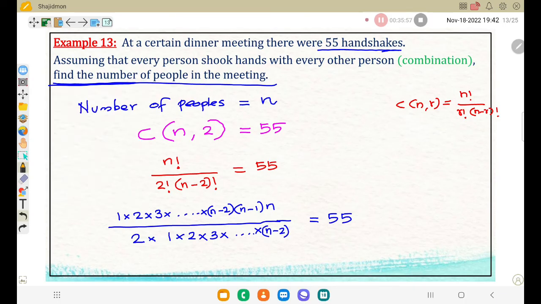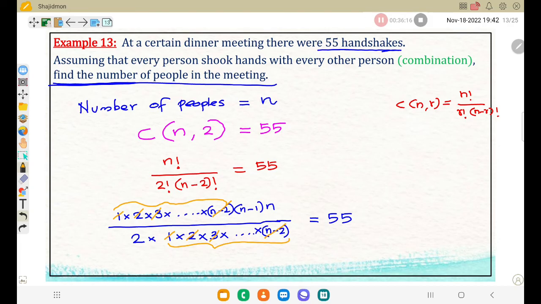Now cancel the common terms. What common terms can we cancel? 1 cancels with 1, 2, 3, 4, 5, 6, everything cancels, up to n minus 2. 1, 2, 3 up to n minus 2 cancel with 1, 2, 3 up to n minus 2, correct? Now write the balance.